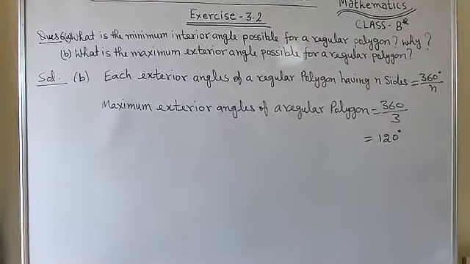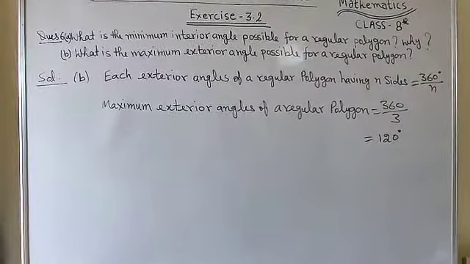Now for the A part, you need to find the minimum interior angle. Students, if I take one example, then you will be able to understand. Suppose I draw a triangle.